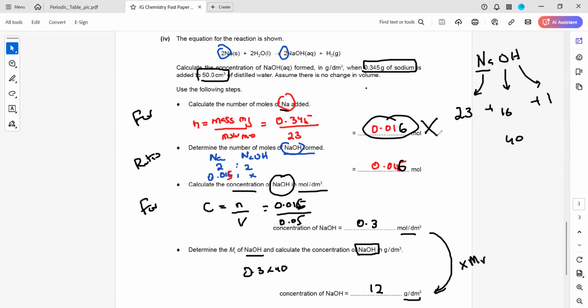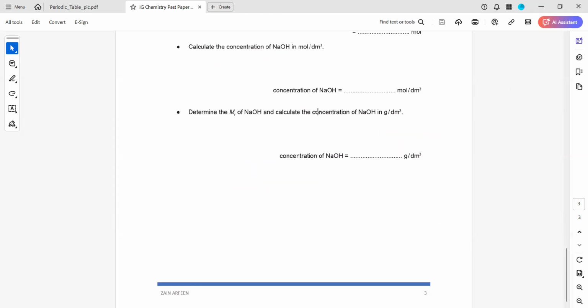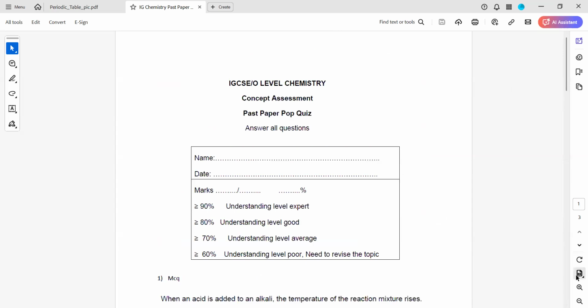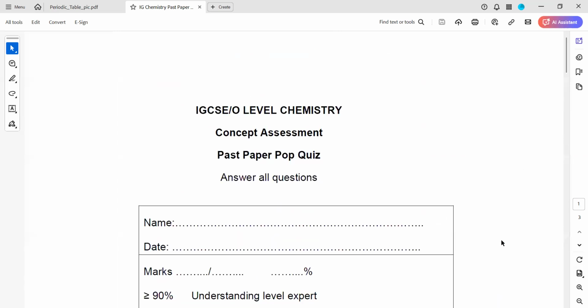You lose the mark in the first part, but even though your answers are not correct, you will score the marks, because if you use your wrong answer for the next part, you still score. This moles question is 4 marks in total, from structured pop quiz 7. So even if one part is wrong in the moles, it's not like the whole question is wrong, like in math, you get error carried forward.